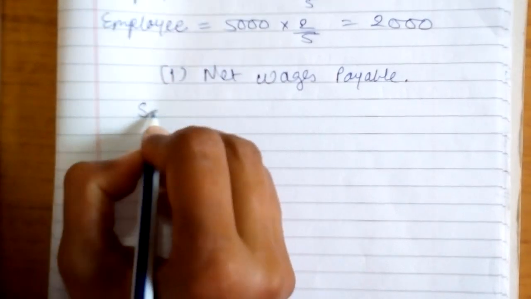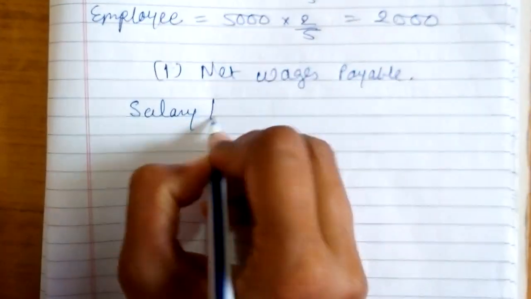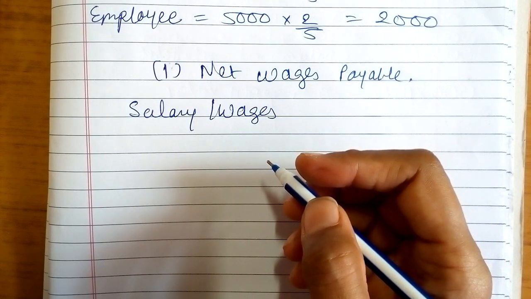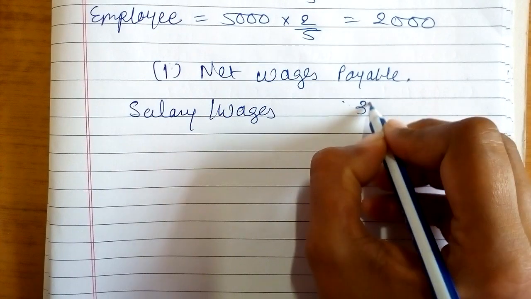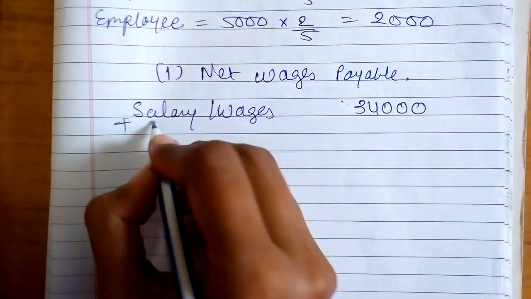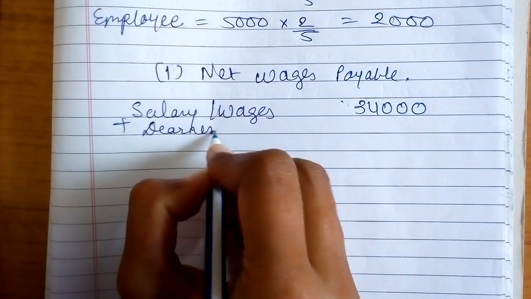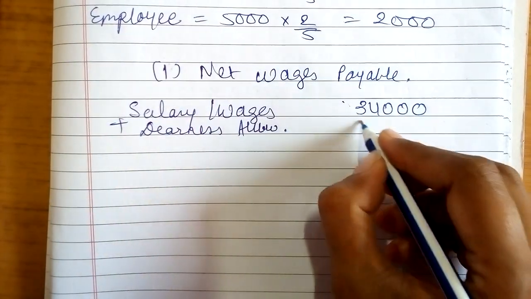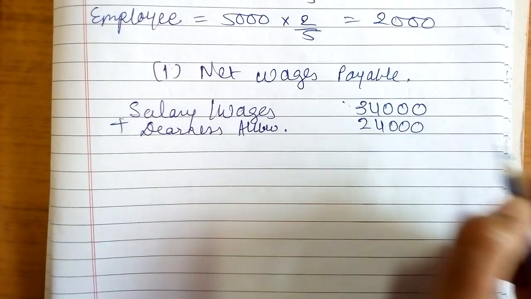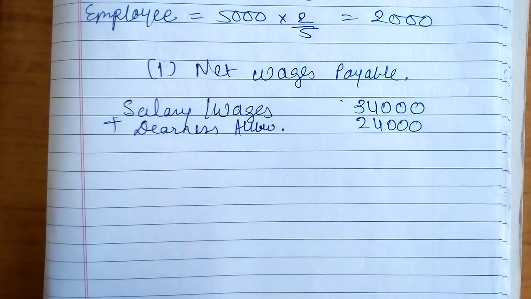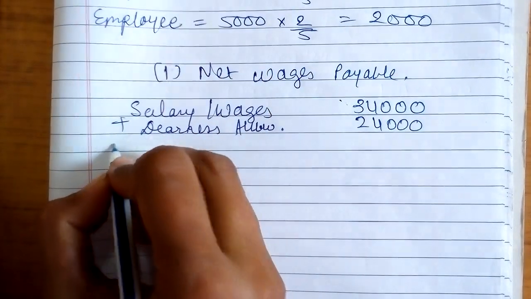So in cash, salary or wages paid 34,000, which is given in the example, plus dearness allowance 24,000. Then here two new things, night shift allowance and overtime allowance. Both of them are to be paid to the workers.